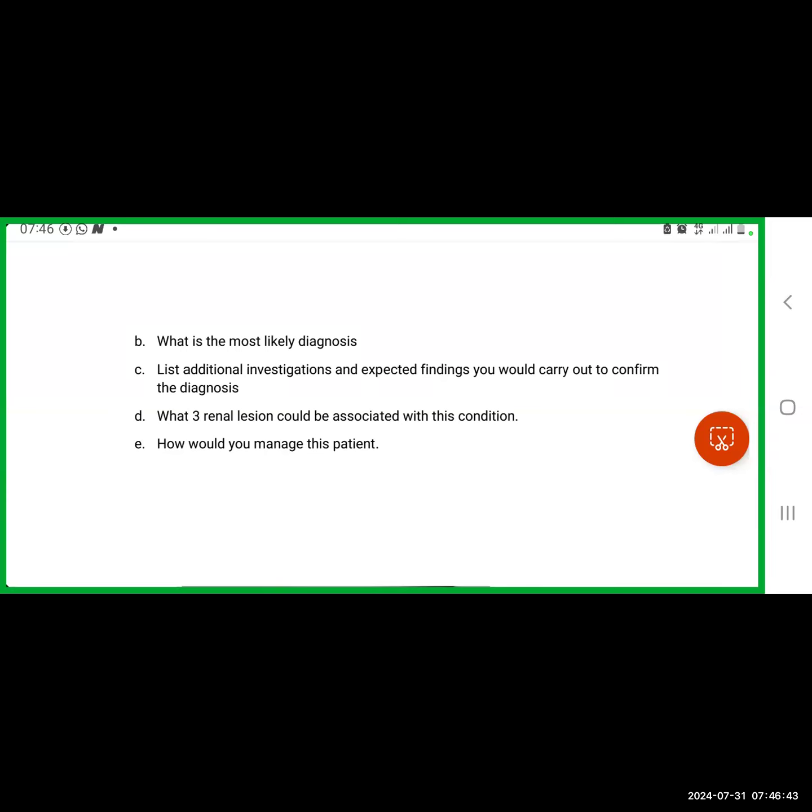Okay, so to confirm the diagnosis, I want to do a bone marrow biopsy, which will reveal greater than or equal to 10% bone marrow plasma cells. Then also, since we're thinking of a renal impairment component with the multiple myeloma, I want to do a renal biopsy that may reveal the different types of renal involvement, which may reveal a cast nephropathy, an AL amyloidosis, or a mesangial proliferative glomerulonephritis pattern in this patient.